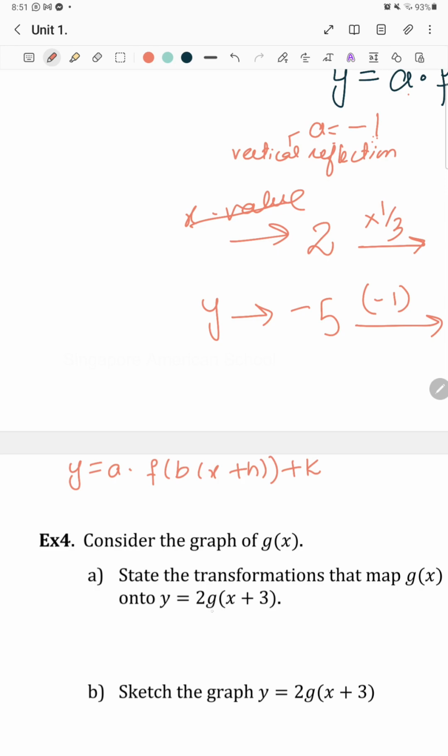So it's 2g, it means a is equal to 2, and there is no b given. x plus 3 means h is equal to 3.